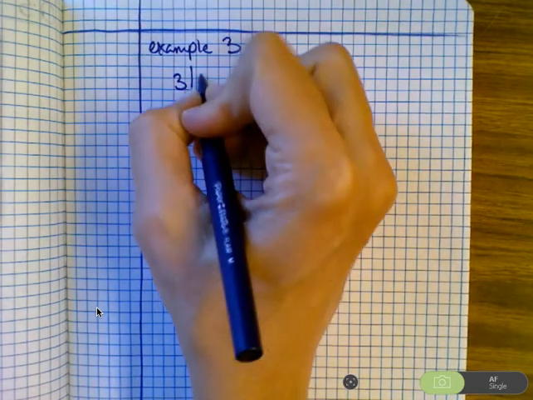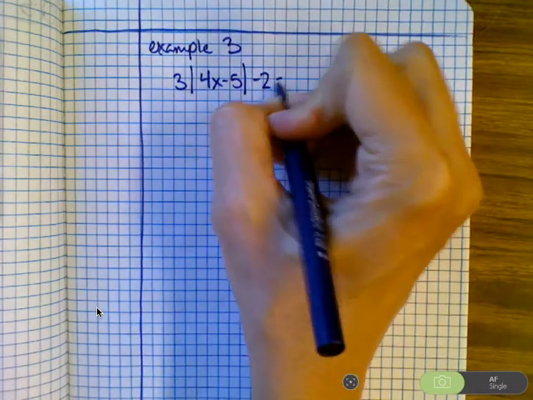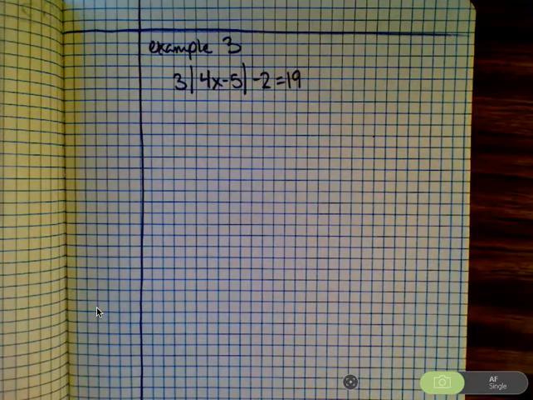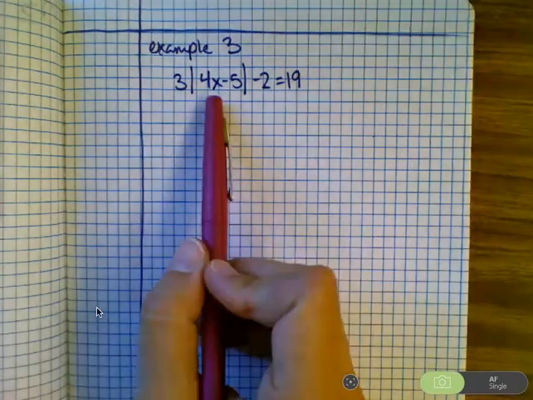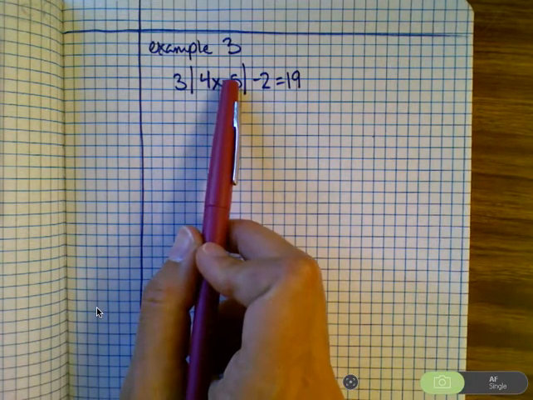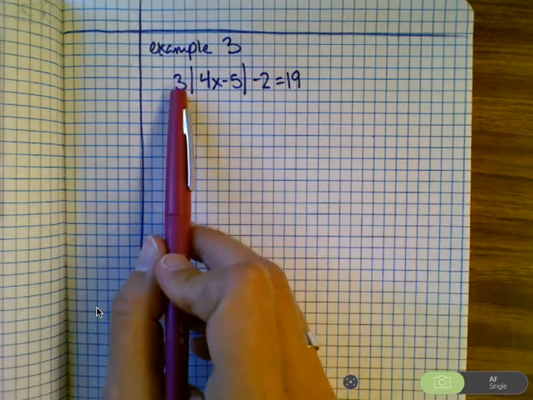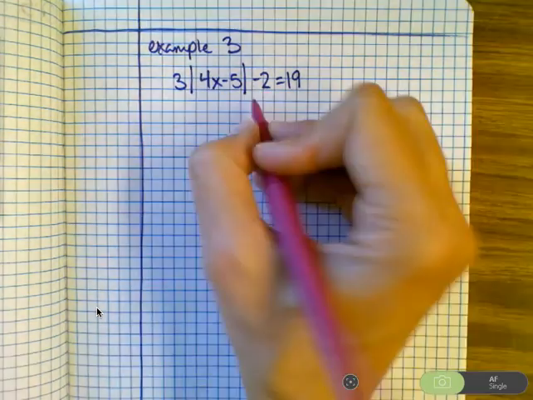3 times the absolute value of 4x minus 5, minus 2 equals 19. So in this case, we have an absolute value with stuff inside. So remember that acts like parentheses, right? So we're going to get rid of this stuff on the outside first, and then we'll deal with the absolute value and the stuff on the inside.